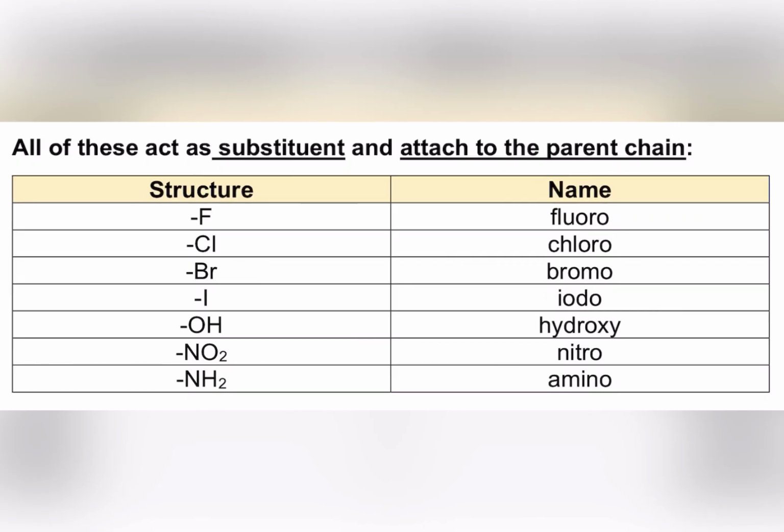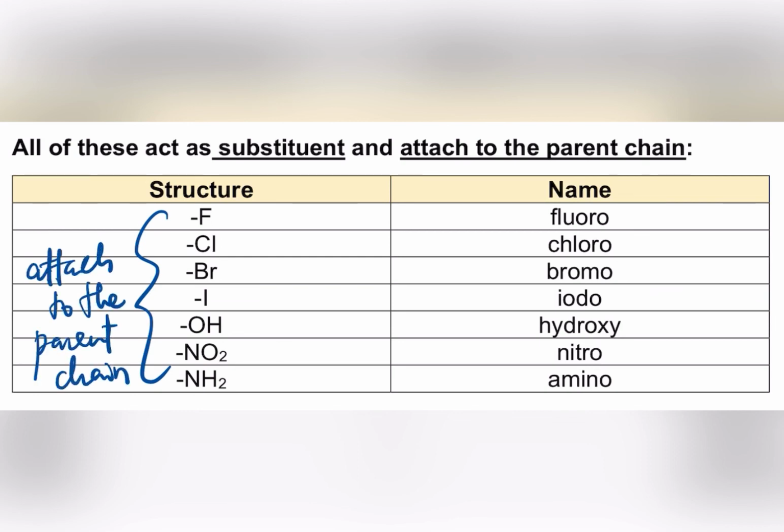Next, we go to these structures of other substituents that can be attached to the parent chain. For example, we got this atom, fluorine atom, when it's attached to the parent chain. So all of these are going to attach to the parent chain. Their names will be changed as substituents: F will be fluoro, Cl will be chloro, Br will be bromo, I will be iodo, OH will be hydroxy.